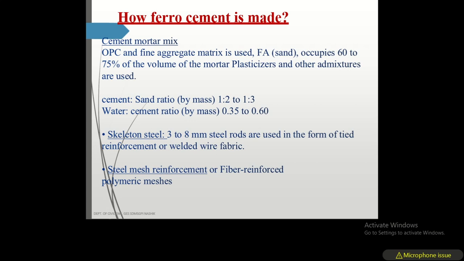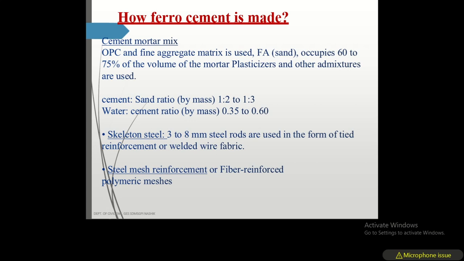Then skeleton steel, 3 to 8 mm steel rods, are used in the form of tied reinforcement or welded wire fabric. Then steel mesh reinforcement or fiber reinforced polymer meshes. It depends upon the type of material that we have to use.